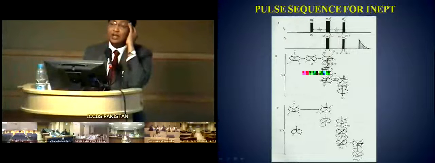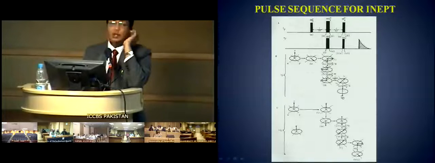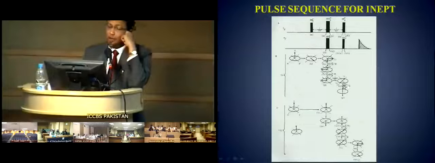This situation is required in order to have a 90 Y pulse. And remember, the 90 Y pulse after this is called a spin inversion pulse, because one component goes into Z plus and the other Z negative.